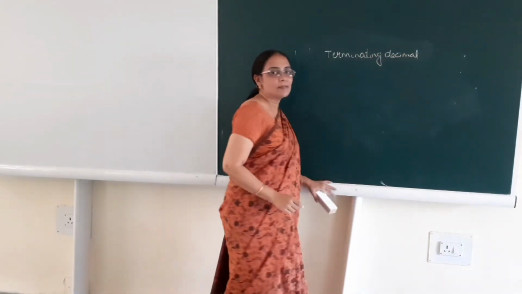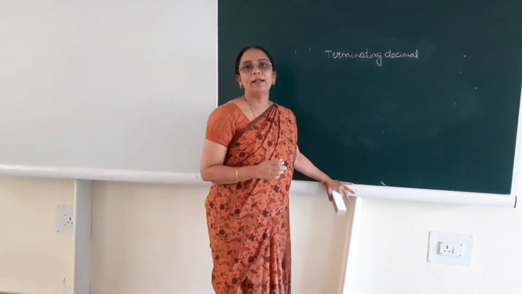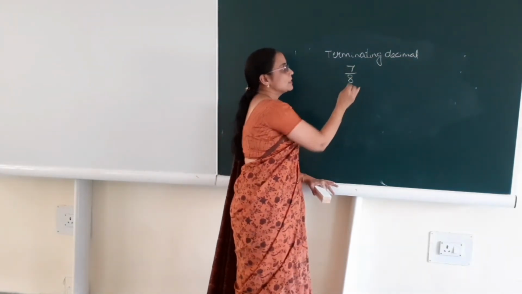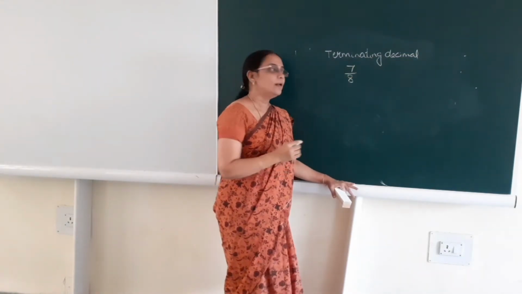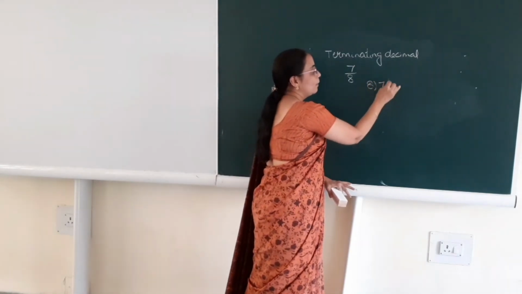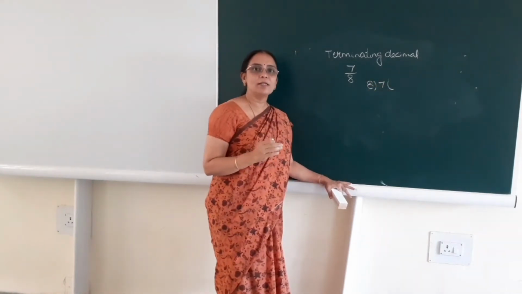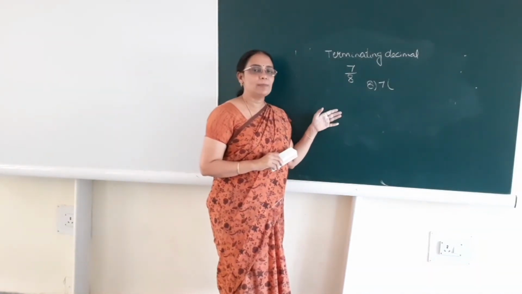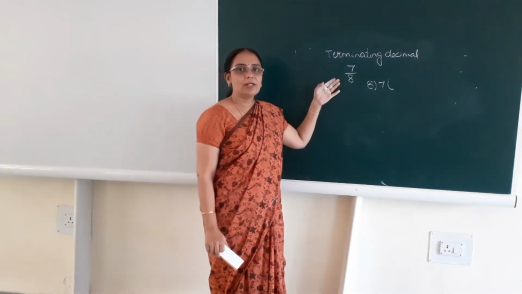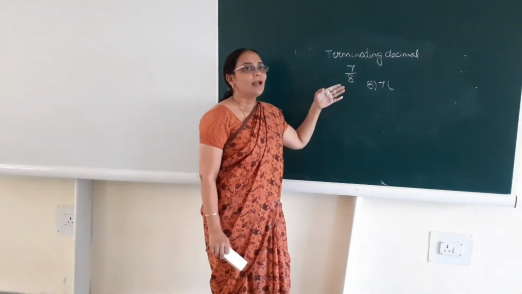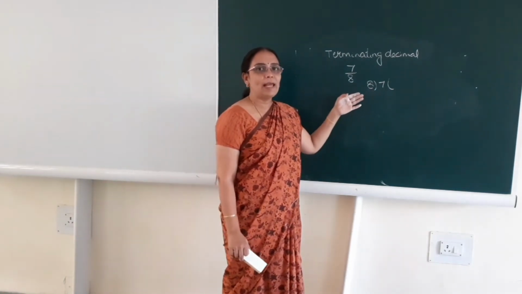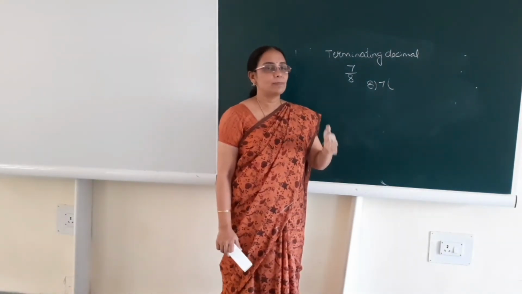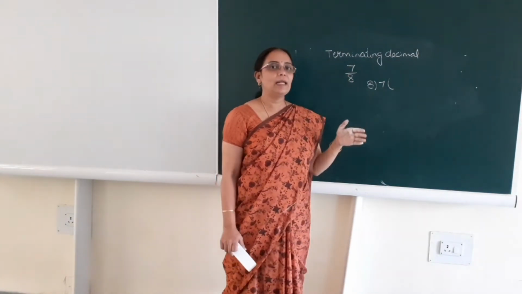Whenever you are dividing a rational number, for example, in the form of 7 upon 8, when you are dividing 7 by 8, if the remainder is 0, we call it a terminating decimal. Repeating again, if you have a rational number like 7 upon 8, and you are dividing 7 by 8, if the remainder becomes 0, this is known as a terminating decimal.